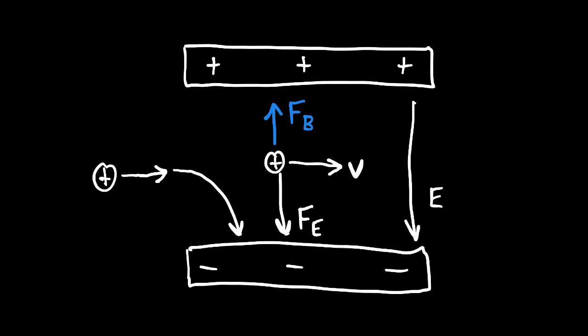What direction do I need to set up my magnetic field? I have two choices. I already have the right-left directions taken care of with the V. I have up-down taken care of with the FB. So what's the third direction that I have? In or out. So I can have a magnetic field going into the board or out of the board.